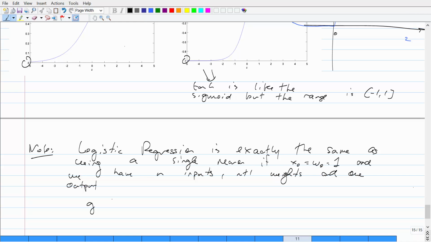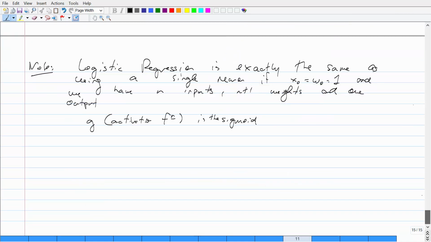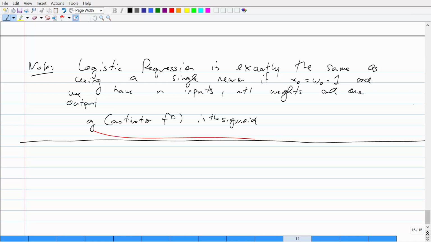Also, the activation function is the sigmoid. So you can think of a single neuron with the sigmoid, as well as making the bias unit 1 and the weight 1, as being logistic regression, which is pretty cool. That's just something on the side, but you don't really have to know it.